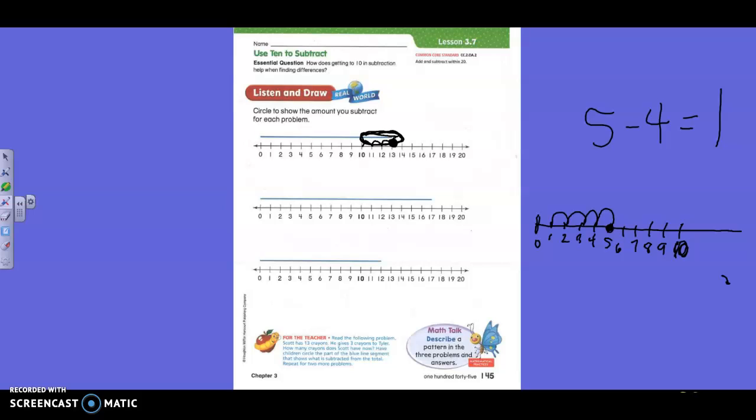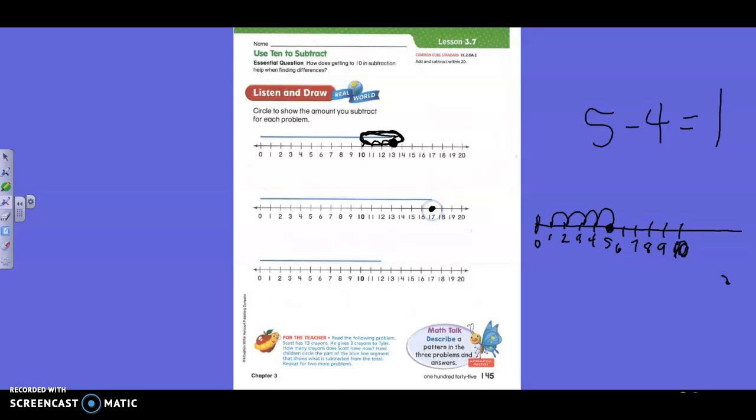Here's another problem. Are you ready? Yes. Diane has 17 crayons. She gives 7 crayons to Anthony. How many crayons does Diane have? So what are we doing again? Add or subtract? Subtract. Where do we start? 17.